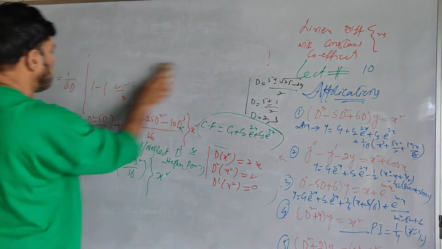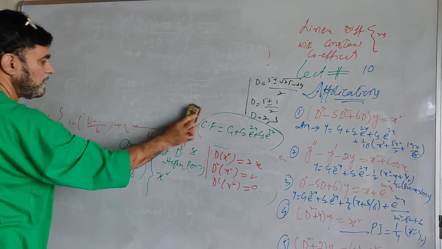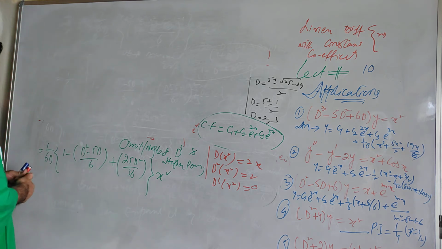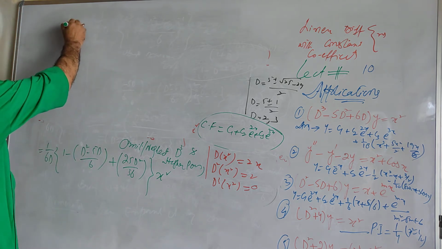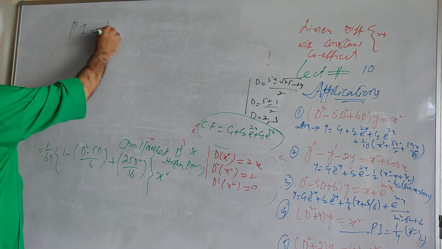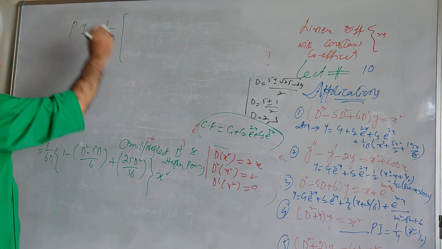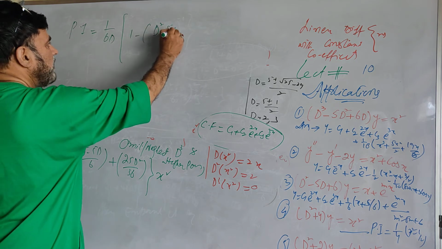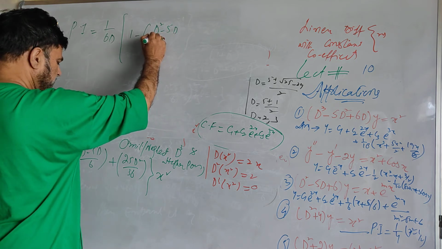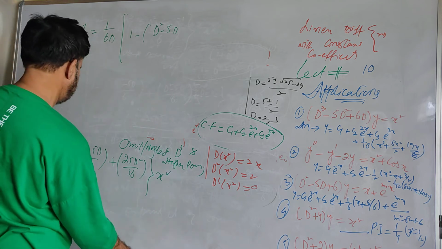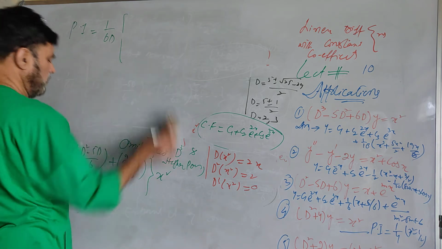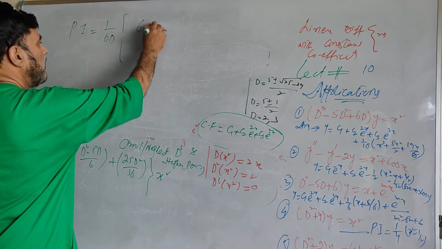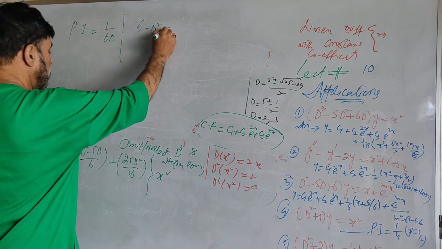This is the complementary function. I need it. Just see, this is your particular integral: 1 by 6D, this is 1 minus D square minus 5D by... or you write it as 6 minus D square plus 5D.